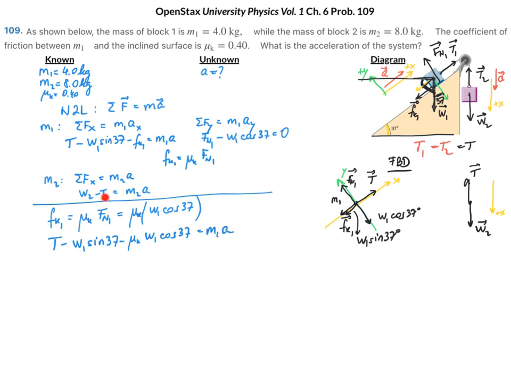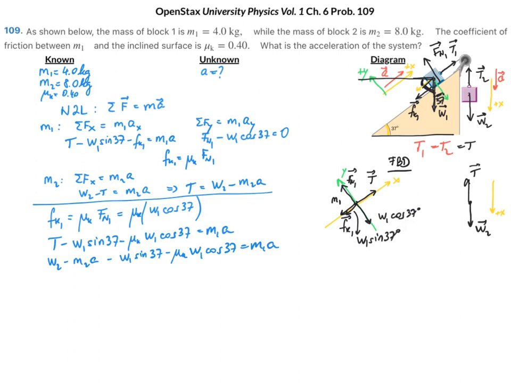Next, I can take the tension from here. I can solve for the tension and plug it into there. So from here, I know that tension is W2 minus m2a. So I will plug that into here and end up with W2 minus m2a minus W1 sine 37 minus mu k W1 cosine 37 equals m1a.